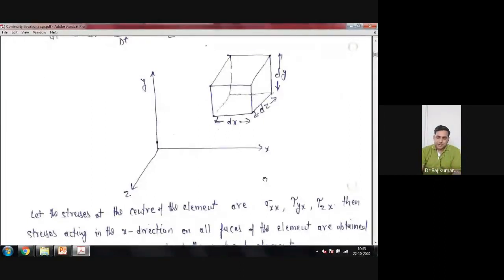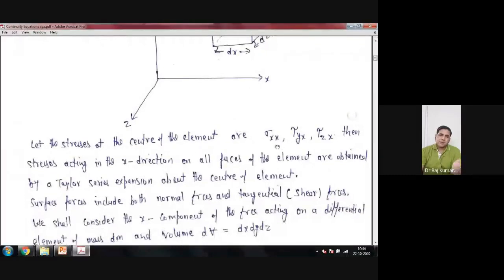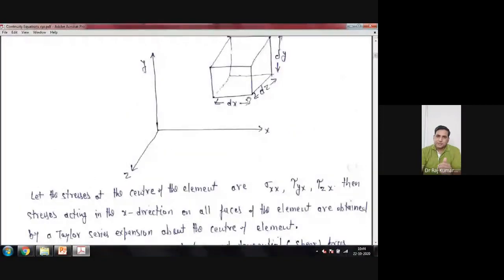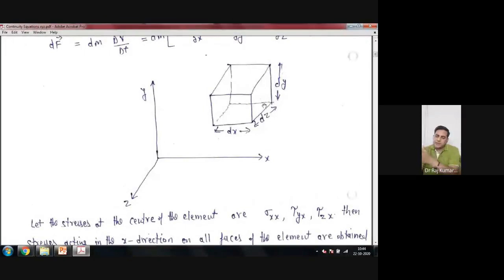So that's what we have taken on that side, at the center, the sigma xx.